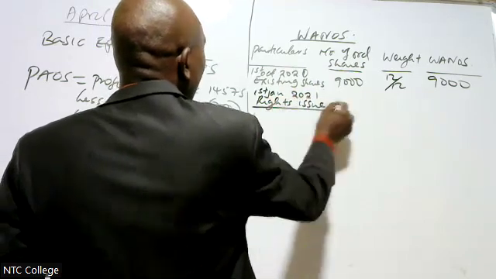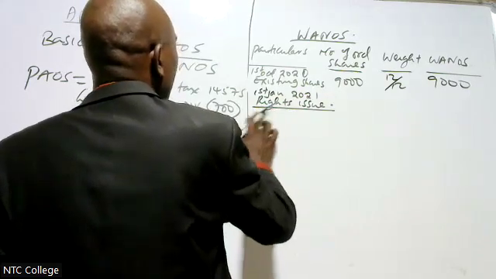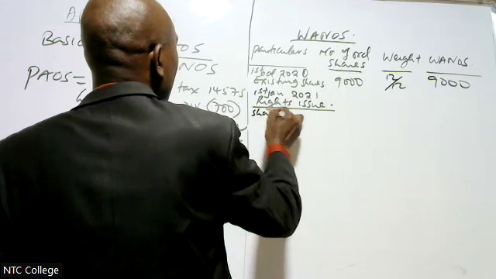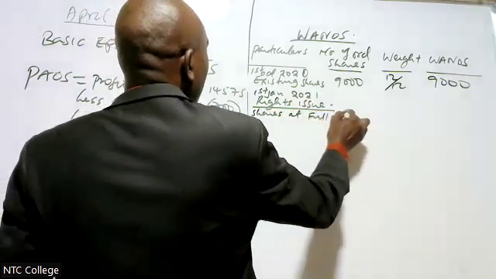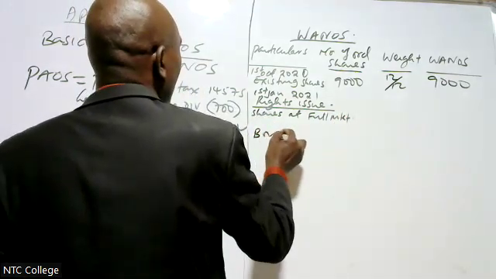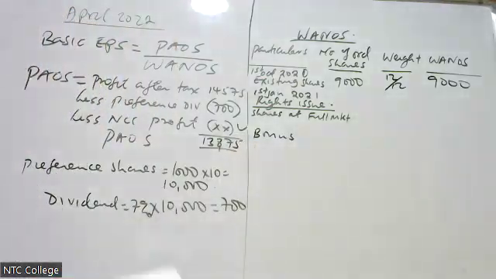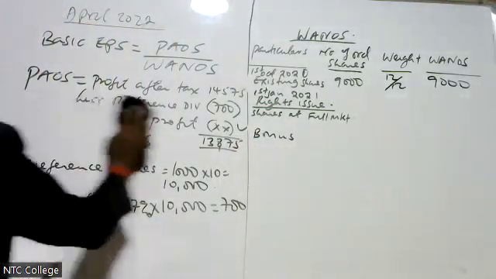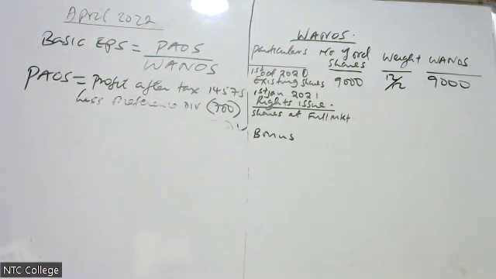In the rights issue, my good friends, we say there will be shares at full market, and this one we say to be weighted on time basis. Then we have the bonus. Bonus, you don't weight on time basis.